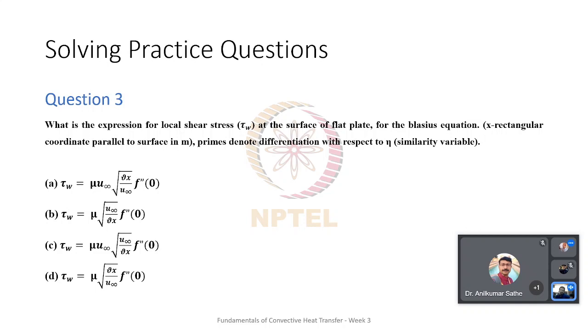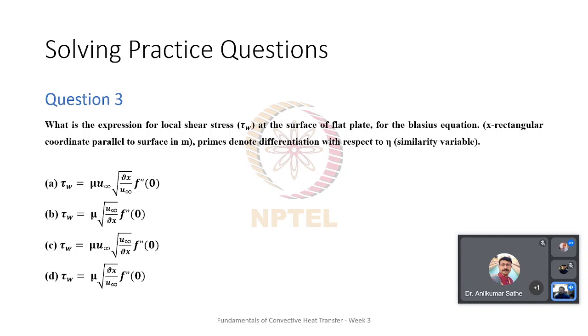There are 4 options given, 4 expressions for local shear stress. The first one is tau w equal to mu into u infinity into under root nu x by u infinity into f double prime naught. Option B says tau w equal to mu into under root u infinity by nu x into f double prime naught.